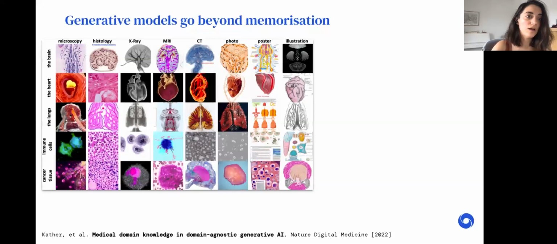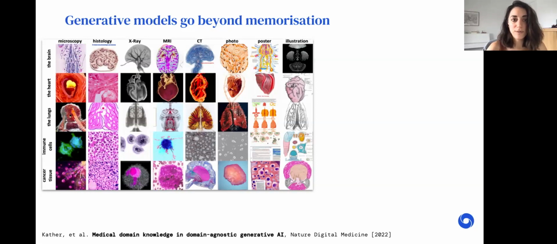So of course, this is not the only attempt to use generative models in the medical setting or to explore whether we can improve robustness or fairness of models. One interesting example is this Nature Digital Medicine paper, where the authors explored the medical knowledge captured by a domain-agnostic GLIDE model.